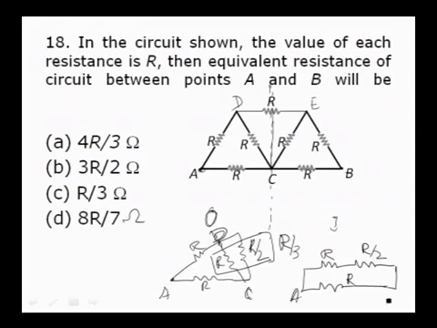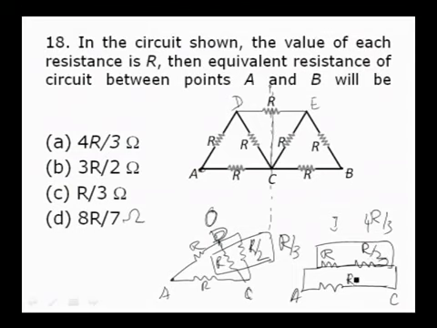This is A and this is C. Now R plus R by 2 are in series. We are going to add these two together, R plus R by 3, and finally we are getting 4R by 3 effective resistance.